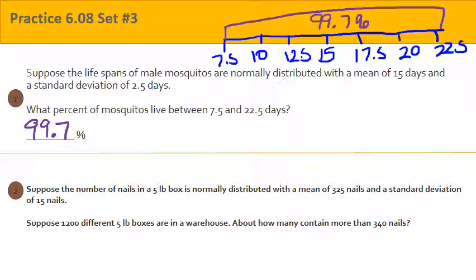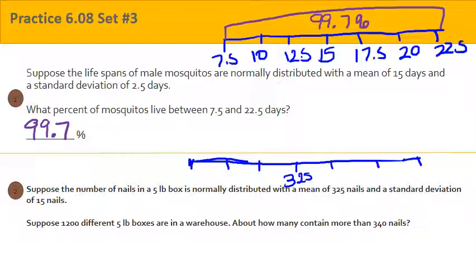All right, so the second one, suppose 5.5-pound boxes of nails have a mean of 325 and a standard deviation of 15. So I'm going to draw my line again. 1, 2, 3 going up, 1, 2, 3 going down.